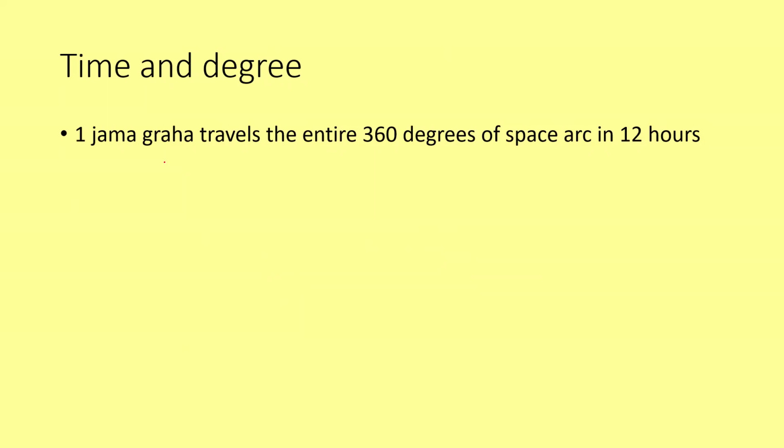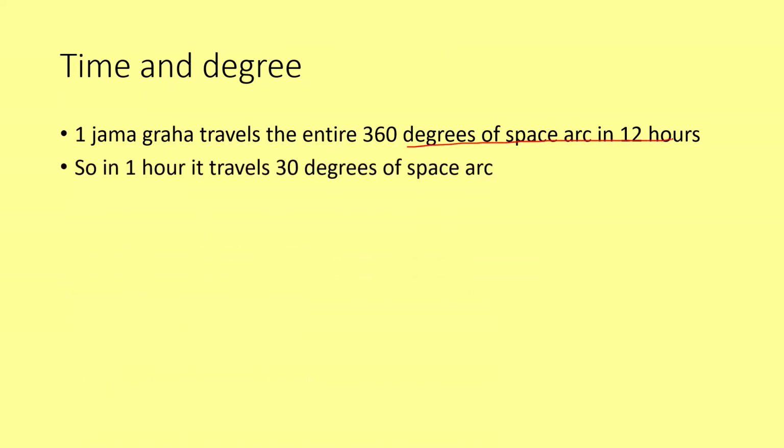So 360 degrees of space arc is divided by 12. In 1 hour, it will travel 30 degrees of space arc. Clear? 360 by 12. So 1 hour, it will travel 30 degrees of space arc.